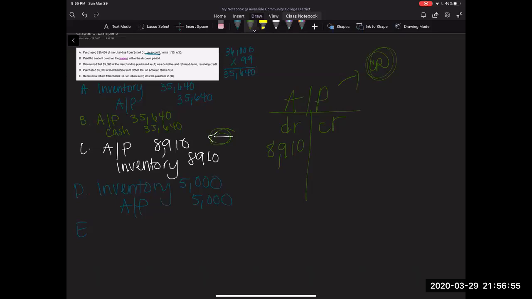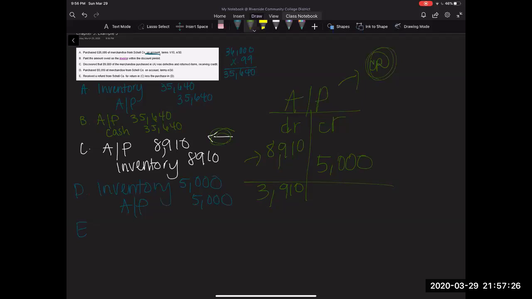And then we bought inventory in the amount of $5,000, so that was a credit of $5,000, right? So as it stands, the amount currently in this account is $3,910. That's what they owe us, right? Because we returned this and then we purchased some more, but it wasn't enough to offset what they owe us.